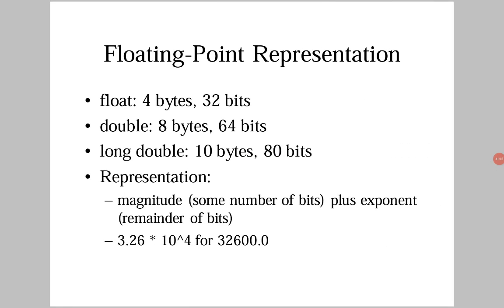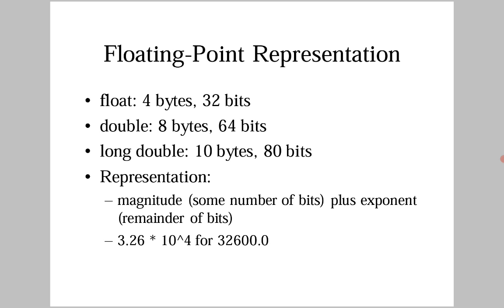So again, floating point data types are of three types, as we already told. First one is float, second one is double, third one is long double.